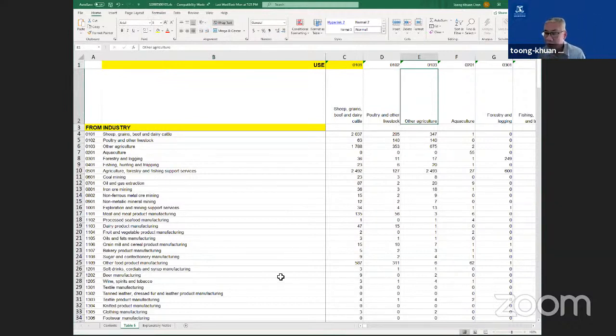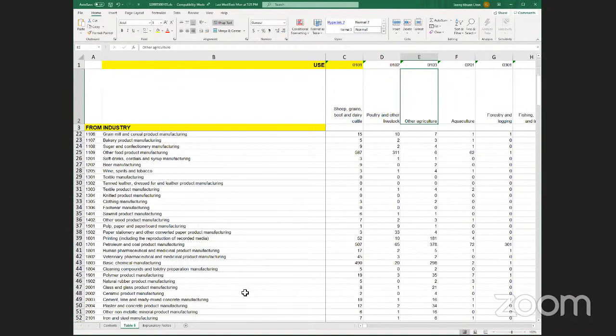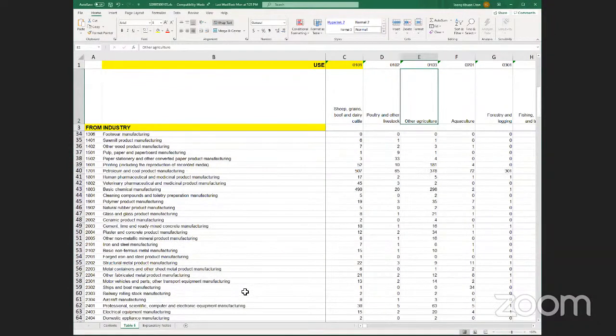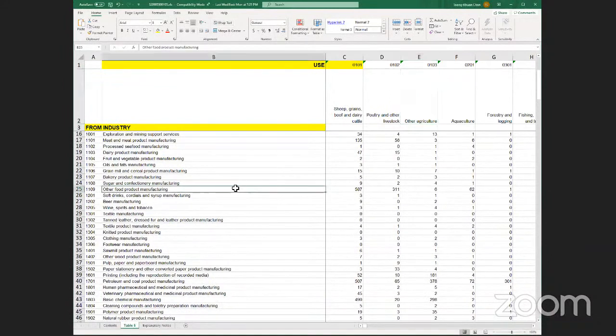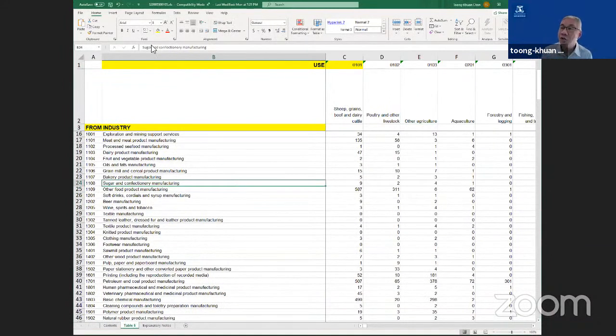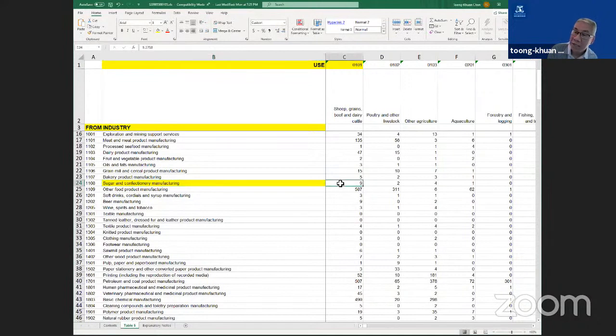Let me just give you an example. Sugar, okay, let's look at sugar, all right? So sugar manufacturing supplies $9 million worth of products to sheep and cattle.